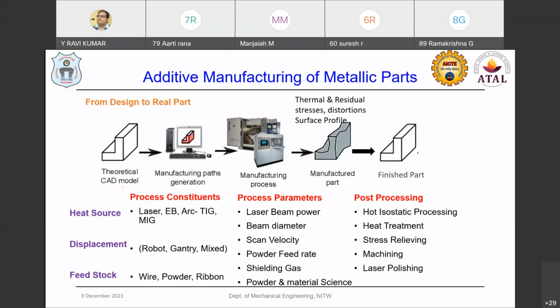We categorize them in terms of the feeding material, either powder or wire. Based on this, we have categorized the metal additive manufacturing processes, and the most widely used are the powder bed process as well as the direct energy deposition process.